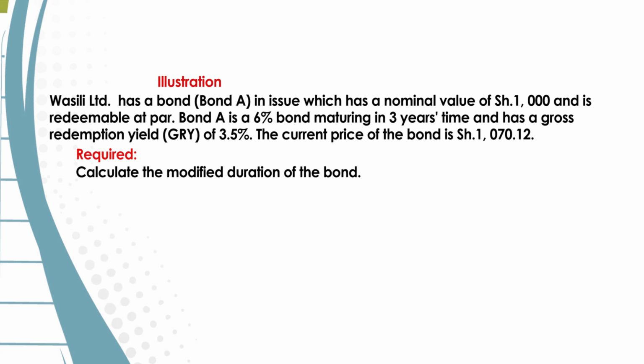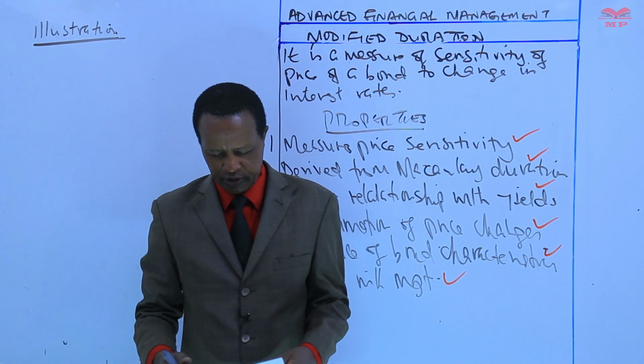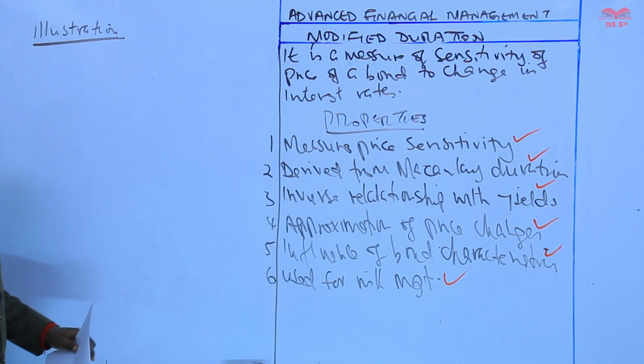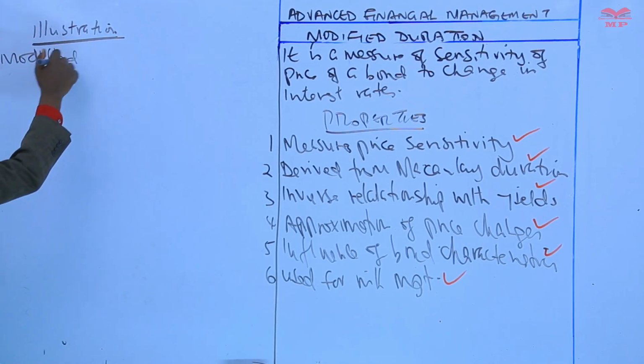Illustration. Now we are required to calculate the modified duration of the bond. So modified duration, what is the formula?